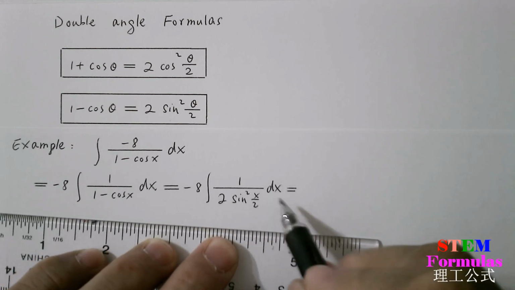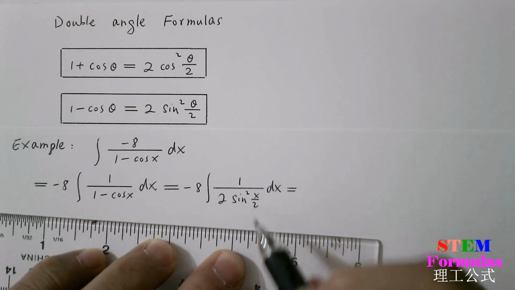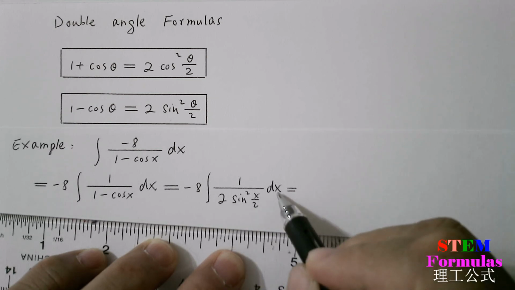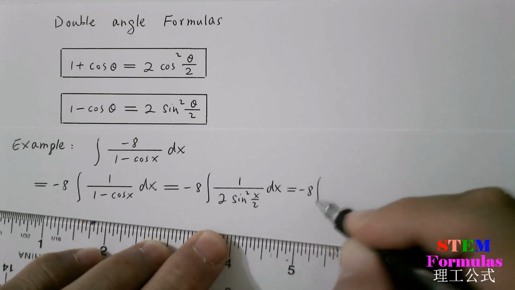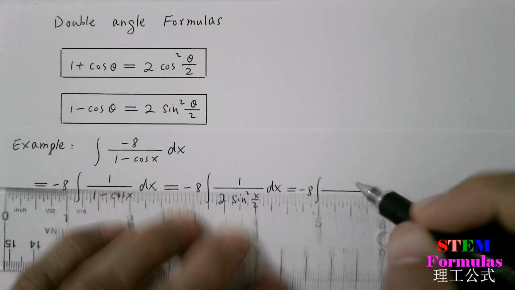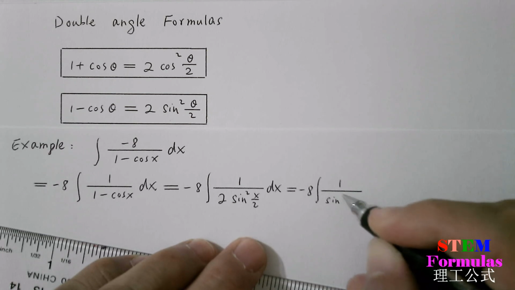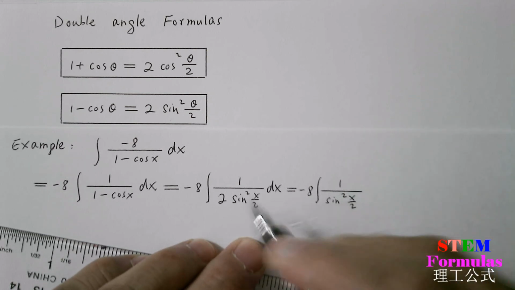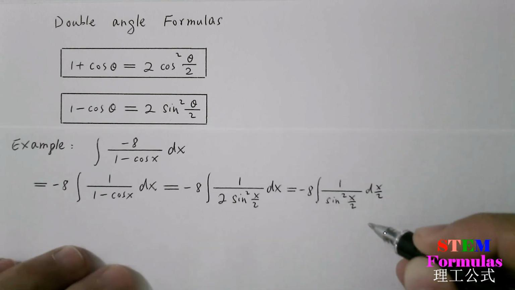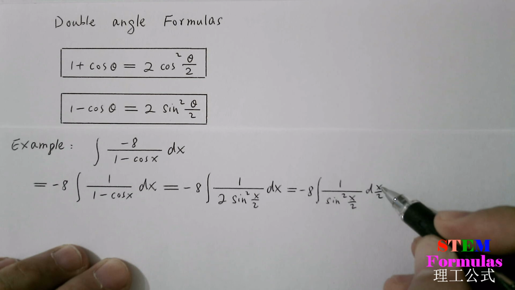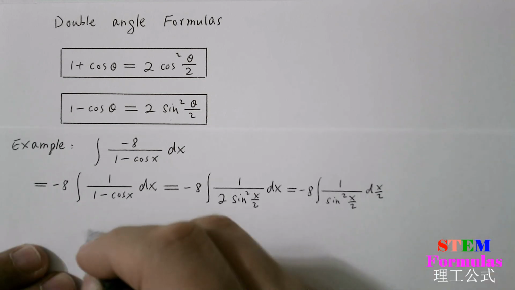We notice that this is x, this is x divided by 2. So we put these 2 into here. Minus 8 over 2, sine square x divided by 2, the 2 I move to here. Now, x divided by 2 appears in both places, so I can change the variable.